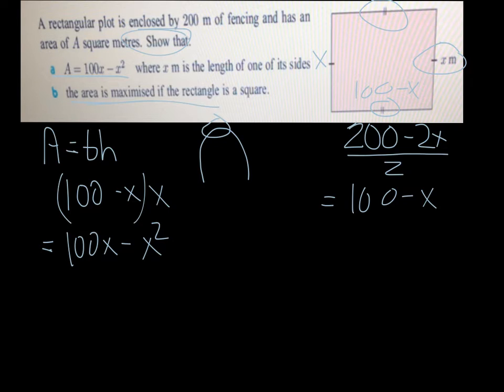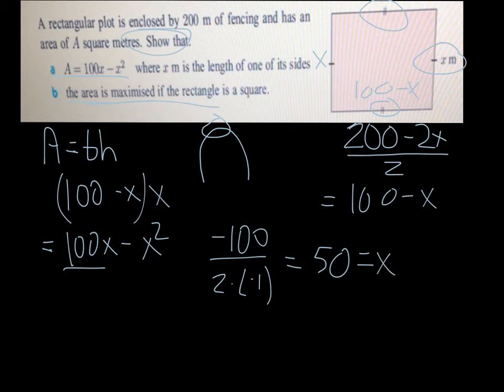That's why we're in the optimization section. So, let's optimize. We know that the vertex for the x value is negative b over 2a. b in this case is 100, so negative 100 over 2 times negative 1, our a value. Negatives cancel, and 100 divided by 2 is 50. And that is our x value.